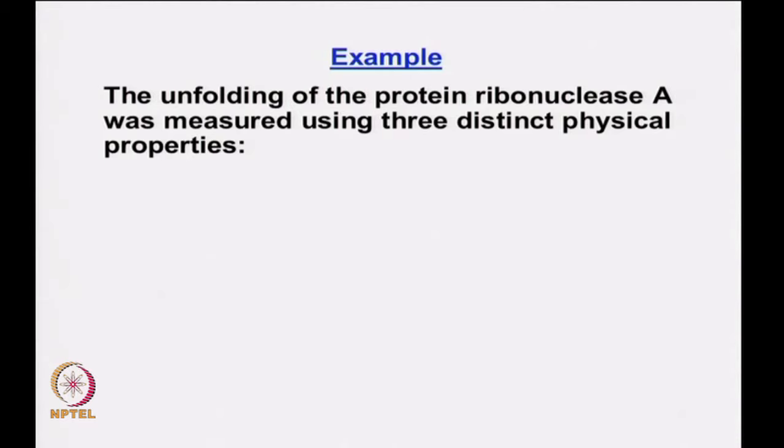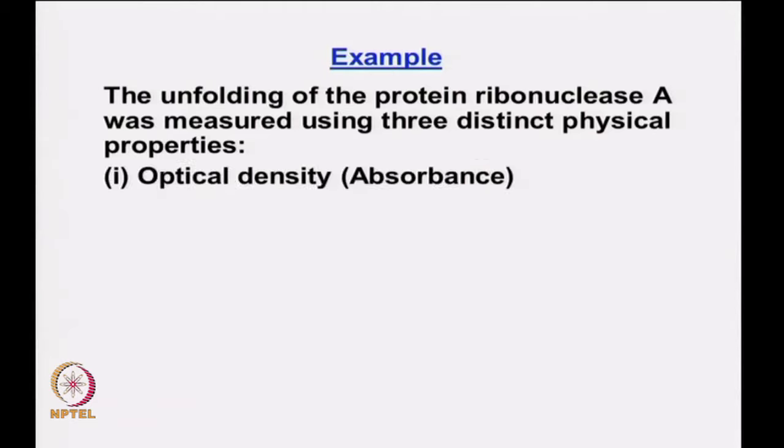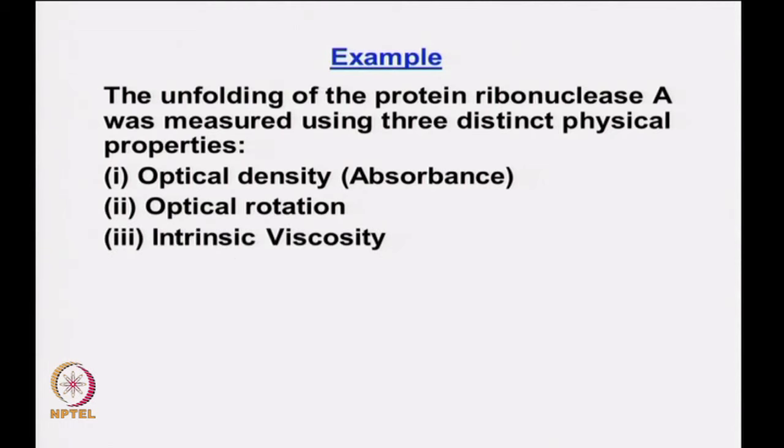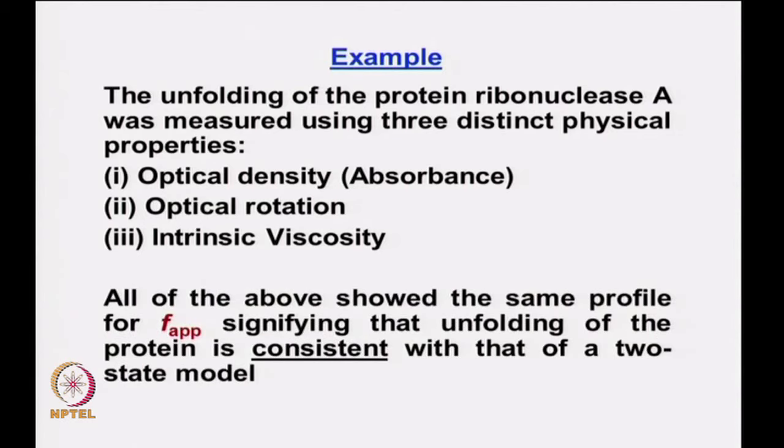What did they do? They looked at the unfolding of protein ribonuclease A using three different techniques. What are the techniques? One is optical density, which is UV visual spectroscopy, absorbance. The other one is optical rotation. The other one is intrinsic viscosity. Okay. So, they looked at viscosity which is intrinsic to the protein, and I do not have the plot, but what they saw was all of the above showed the same profile for F apparent.